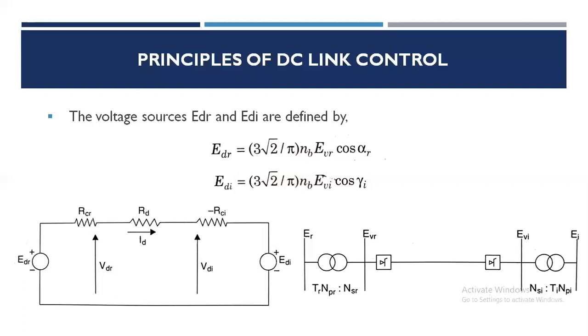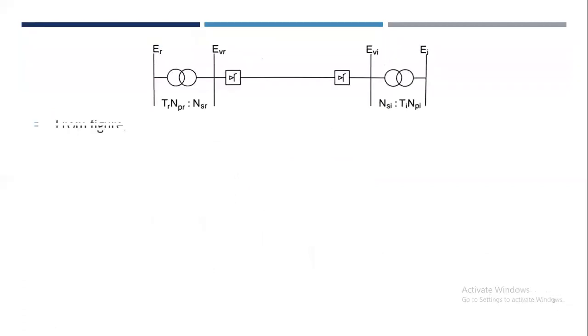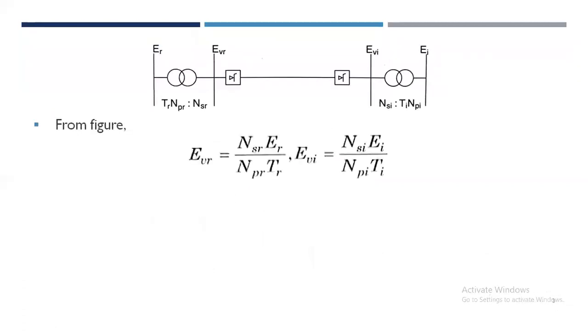From the figure, these voltages can be obtained as EVR is equal to N, SR, ER divided by TR and PR. This is nothing but a simple transformation ratio.